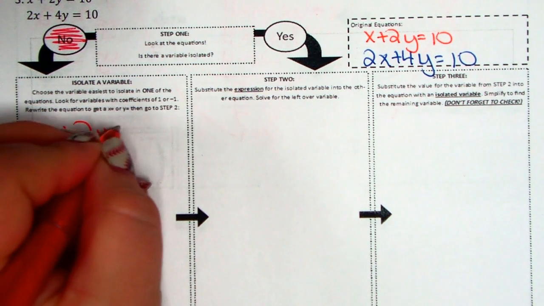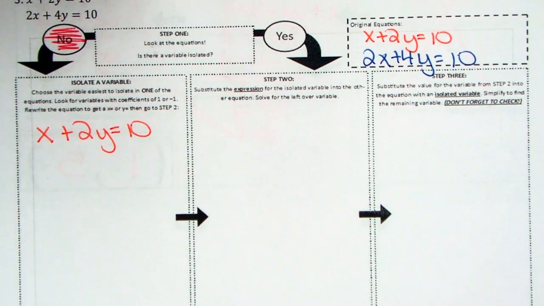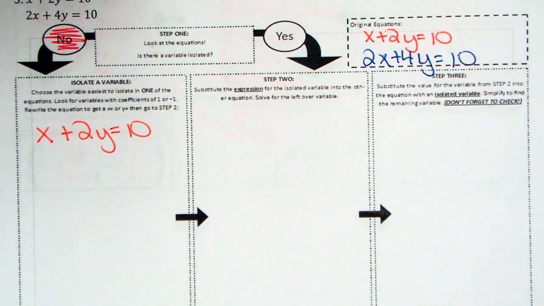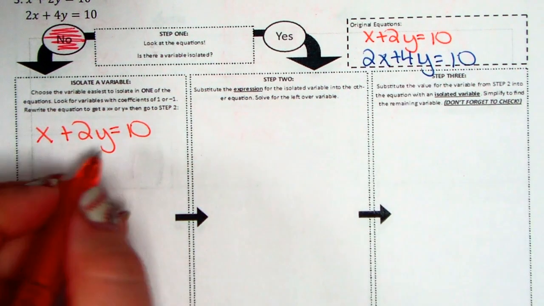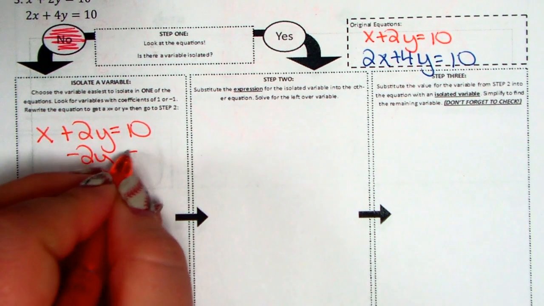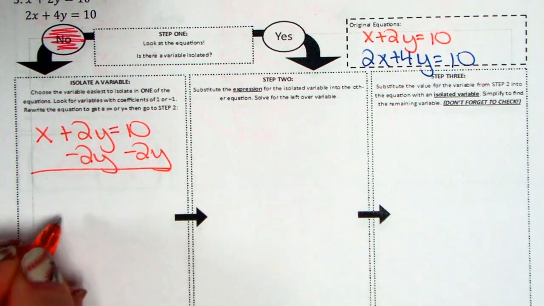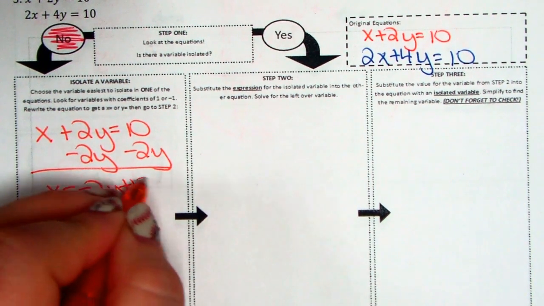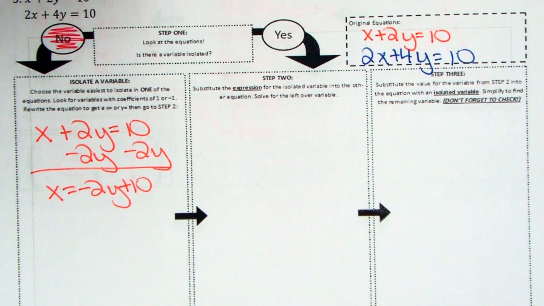So x plus 2y equals 10 would be the easiest one to get by itself because x is the only variable that doesn't have a coefficient other than 1. So we'll subtract 2y from both sides, which leaves us with x equals negative 2y plus 10.